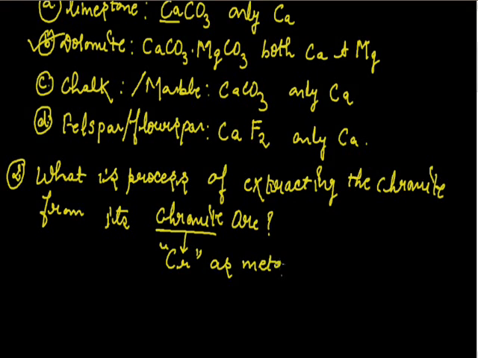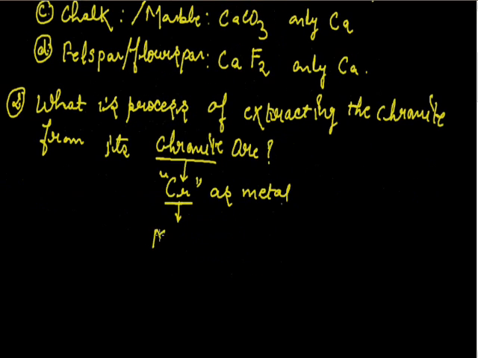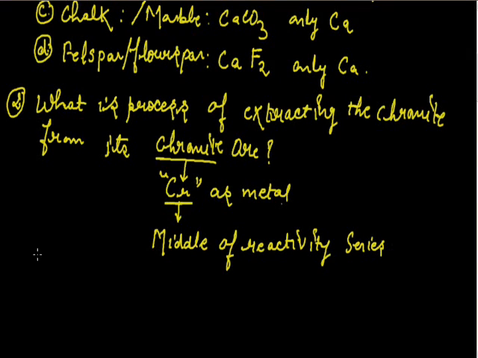Now, this metal lies in the middle of the reactivity series. How will we obtain this metal? We will obtain this metal by reducing its chromite ore with the help of reducing agents. What reducing agents will be able to reduce the chromite ore?